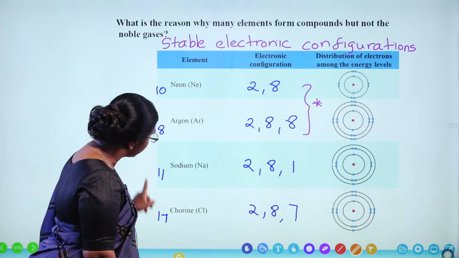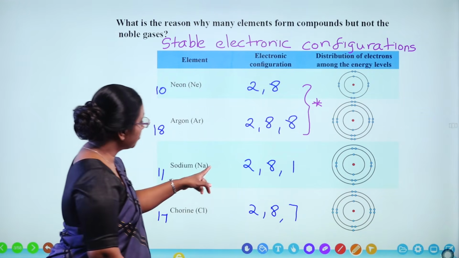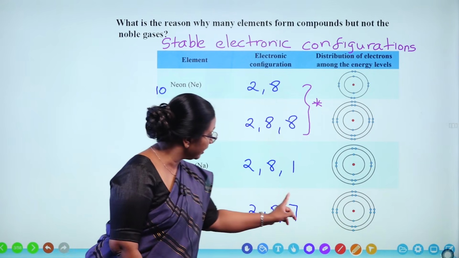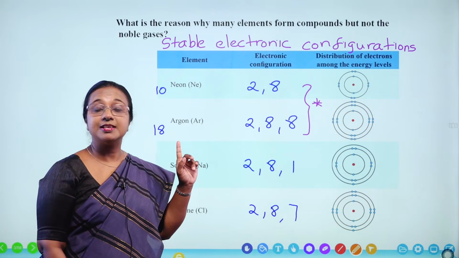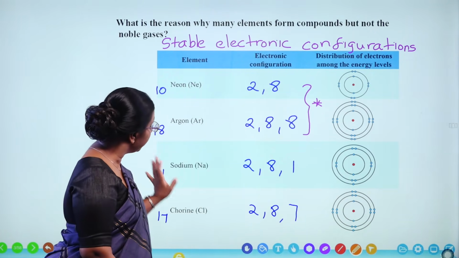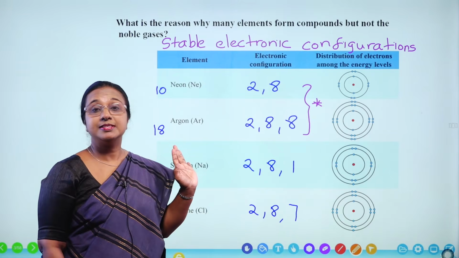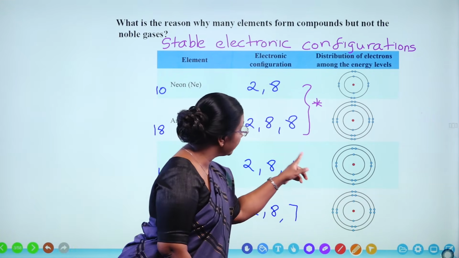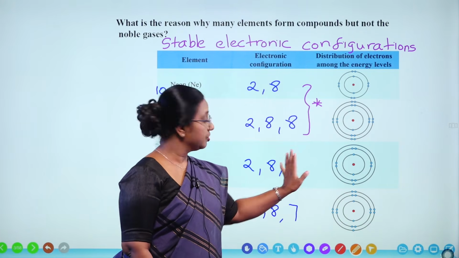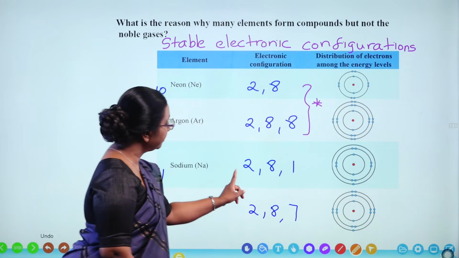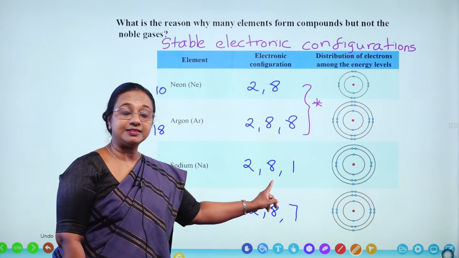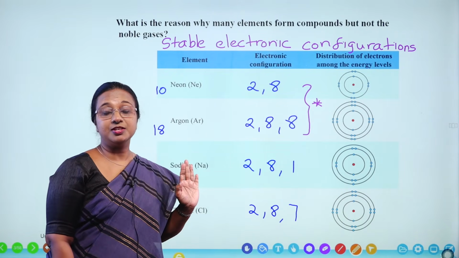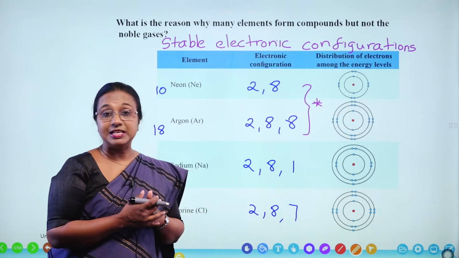But look at sodium and chlorine. Sodium has 1 electron in the last shell and chlorine has 7 electrons in its last shell. If sodium has to become stable like one of these noble gases, it has to either lose this electron, so that without this 1 electron, it becomes 2 8, or it can gain 7 electrons so that it becomes a complete shell.